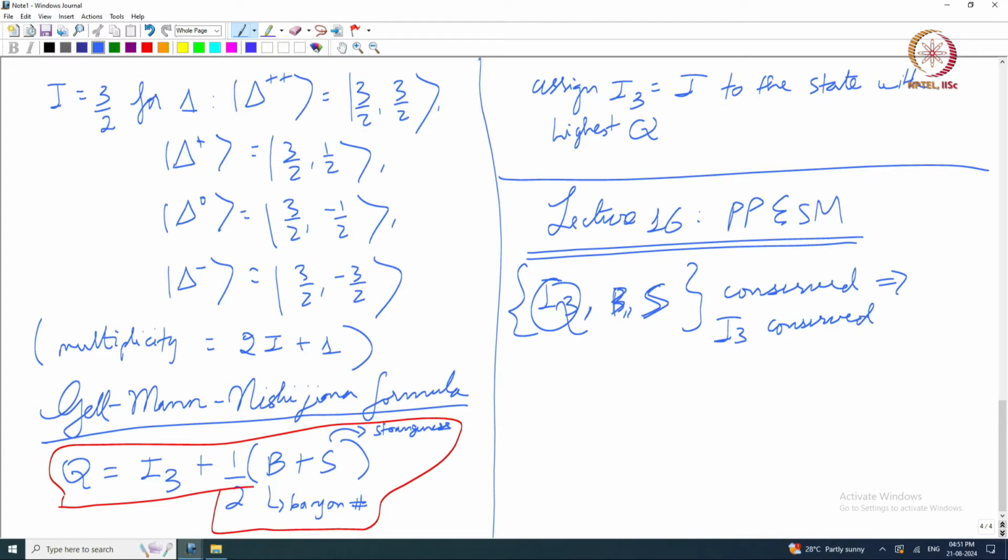This is the way in which you would see that I3 is also conserved. Of course, this happens for the strong interactions, and this also happens for the electromagnetic interactions.